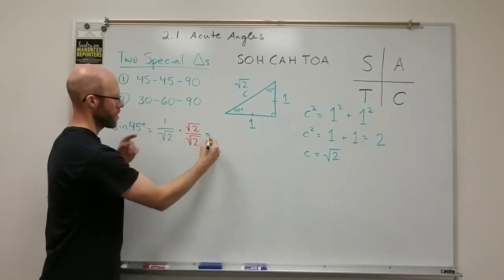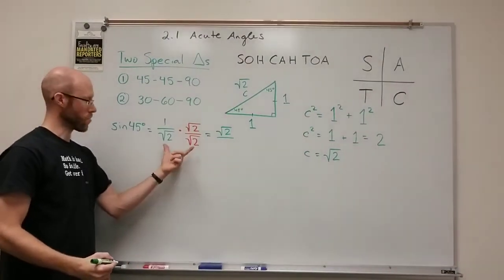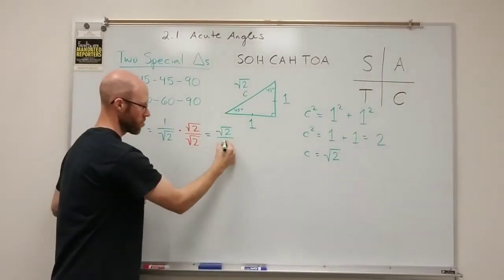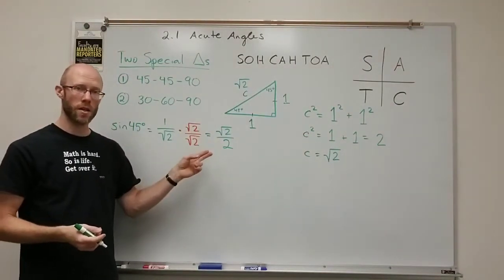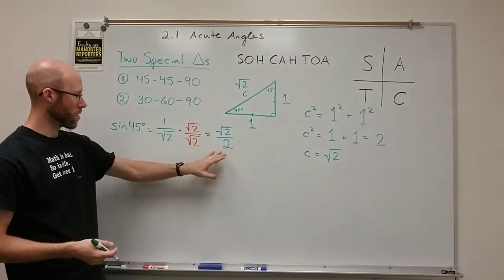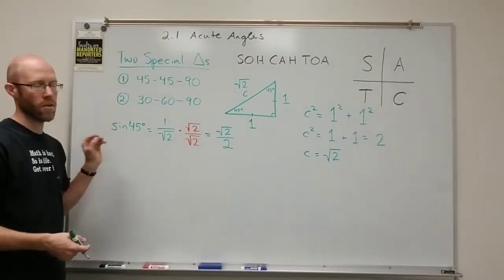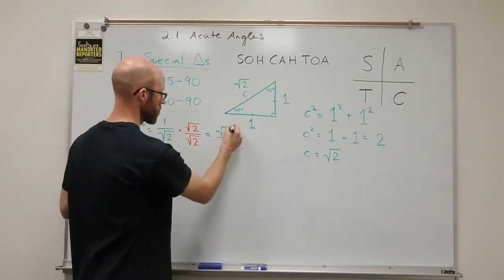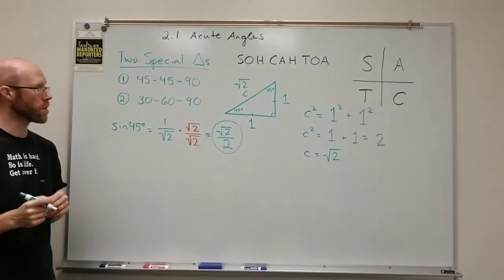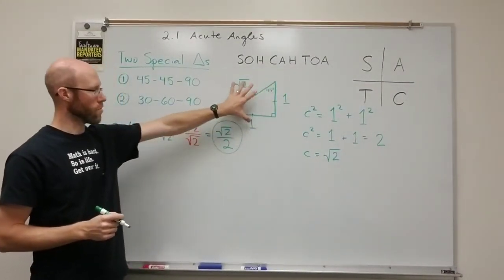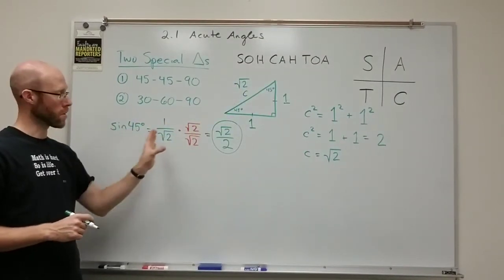And so on top, I just have a root of 2, and on the bottom, I have root 2 squared essentially, which is 2. So root 2 over 2 is the simplified or rationalized form of the sine of 45 degrees. This is going to be a very important value to be able to come up with. And again, you can use this 45, 45, 90 triangle if you can't remember these values to be able to come up with them.